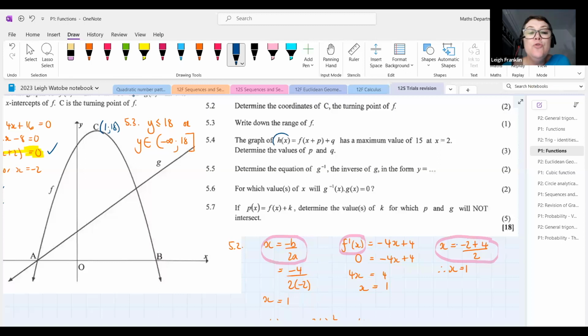And then this new graph, h of x, has been created using a transformation. When they write f of x plus p plus q, what kind of transformation are they suggesting has taken place? Is it a reflection or is it a translation? What are they implying by the question?